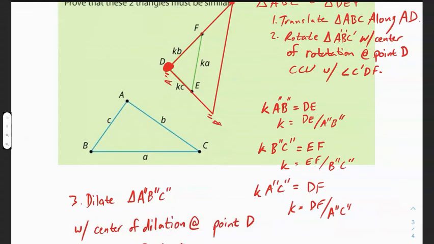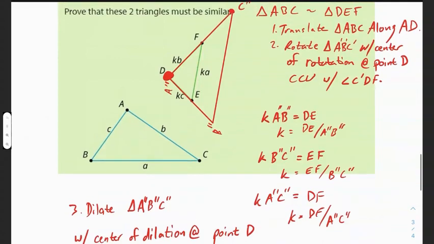So that is going to equal that ratio, which is going to equal this ratio. Okay, and that will get you your corresponding proportional sides to all be similar. Okay, so that's the proof right there. Okay. All right, let's move on.